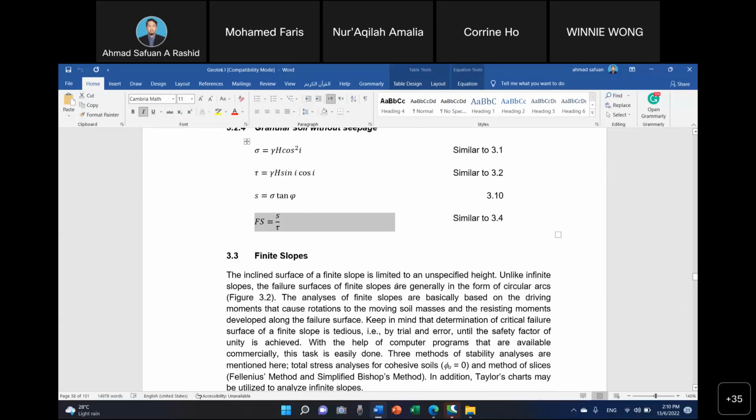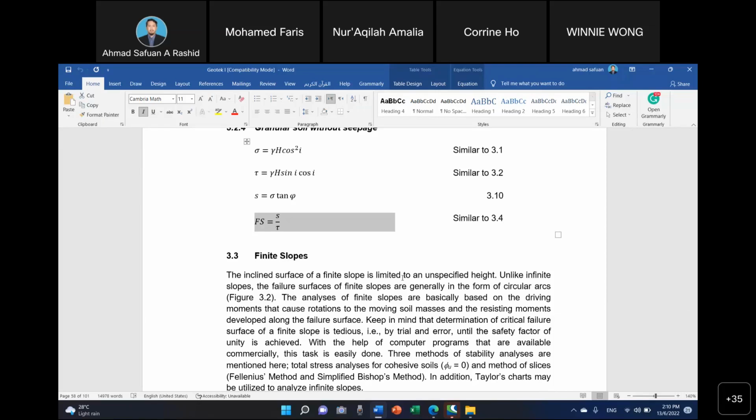Okay. So that's for the infinite slope. Then we have a finite slope. For the finite slope, the inclined surface is limited to a specific height.